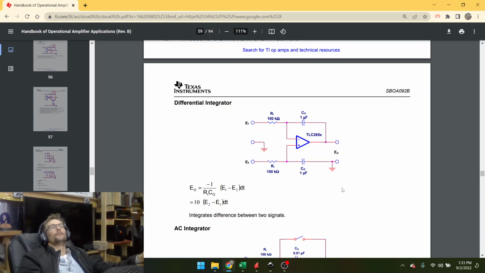Wow. Double differentiator. You just take the difference amplifier and you differentiate both ends of the signal. This integrates the difference between two signals.